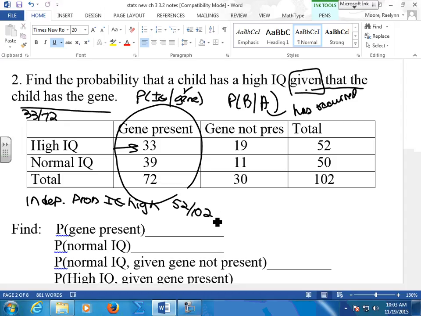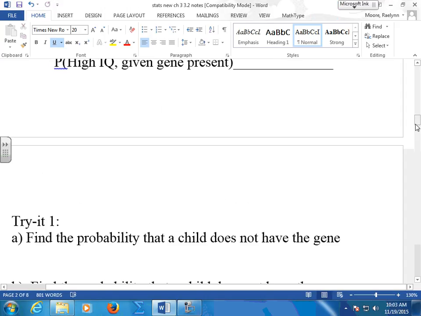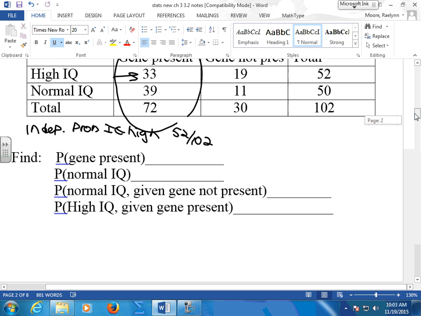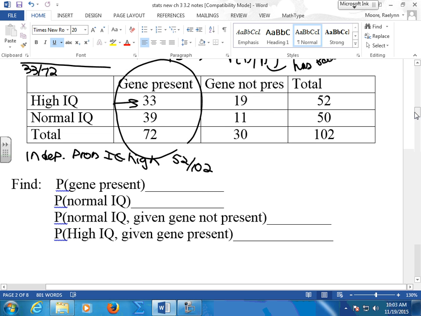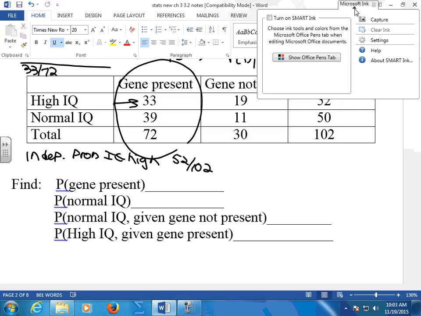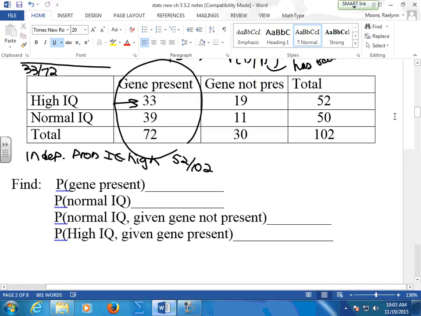Okay, let's see if we can answer these next questions. See if we can answer these. Okay. Probability that the gene is present, given nothing else. So generically, probability that the gene is present.